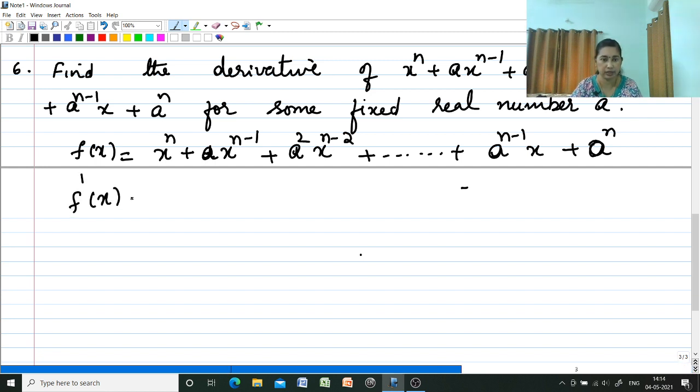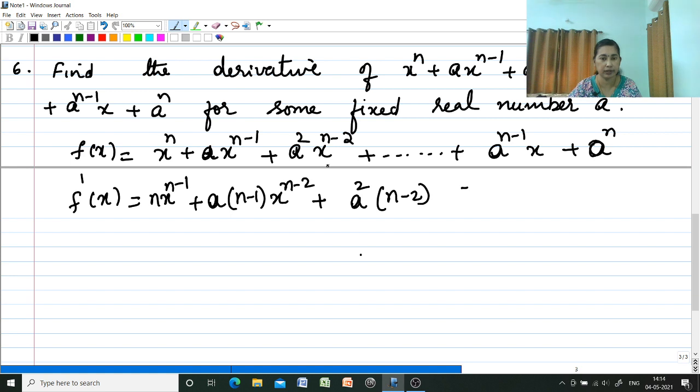F dash x is equal to derivative of x raised to n is n x raised to n minus 1, plus a into derivative of x raised to n minus 1 is n minus 1 x raised to n minus 2, plus a square into derivative of x raised to n minus 2 is n minus 2 into x raised to n minus 3, plus etc. plus derivative of a raised to n minus 1 into x is a raised to n minus 1, and the derivative of a raised to n is 0.